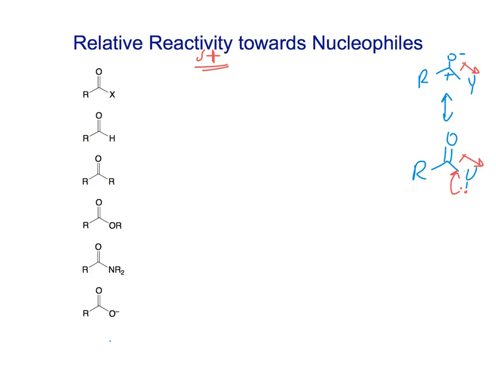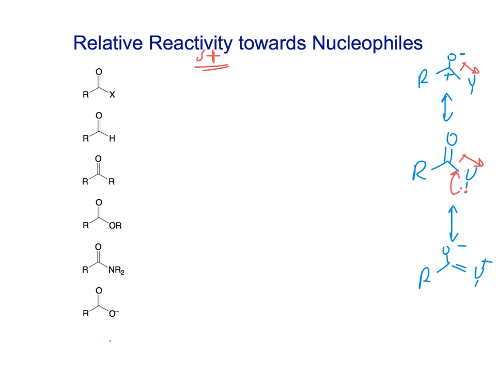Okay, so we could draw another resonance down here. And in this case, the Y group would be taking some of the plus charge, essentially away from the carbon.